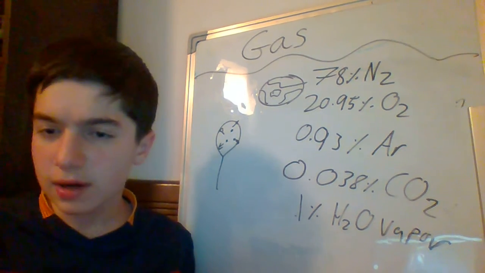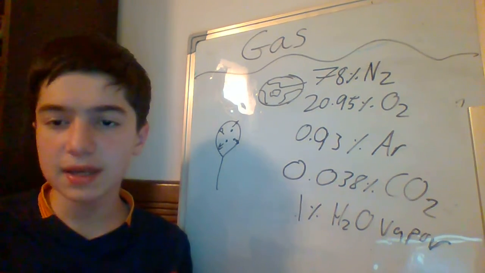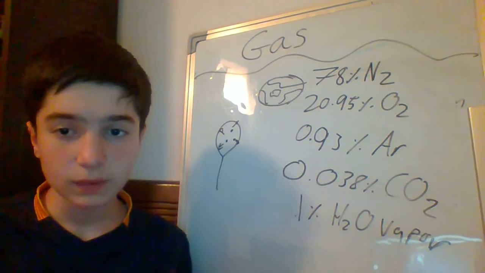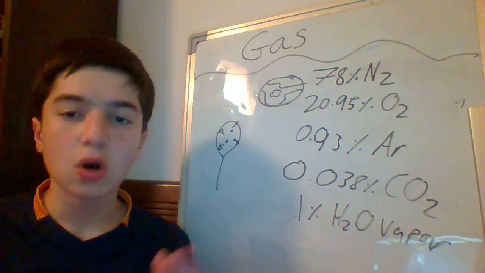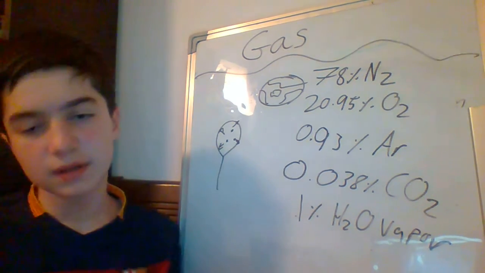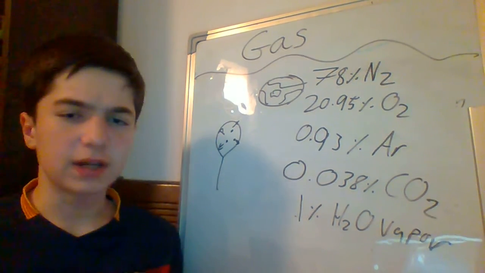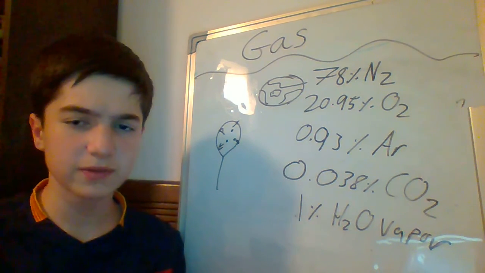What about another gas? Argon. Now, argon makes up 0.93% of the gas in the atmosphere. What about carbon dioxide, CO2? What is the percentage of CO2 in the atmosphere?